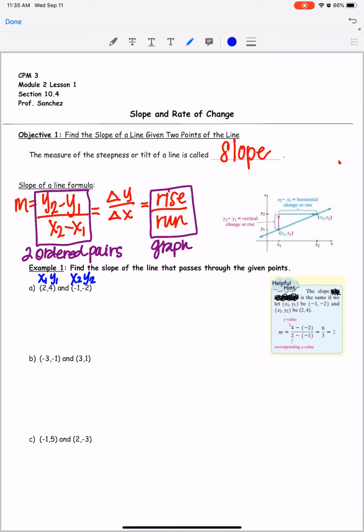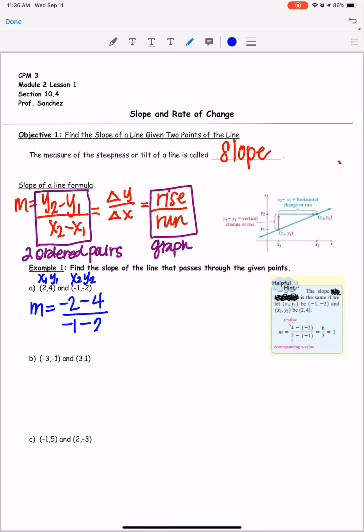Now that we have these labeled, this is just straight substitution. My y2 is negative 2, minus my y1, which is 4, and this is over my x2, which is negative 1, minus my x1, which is 2.